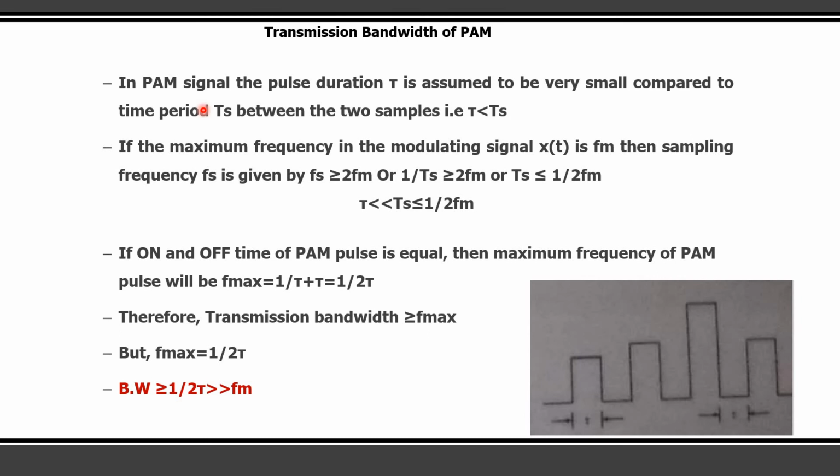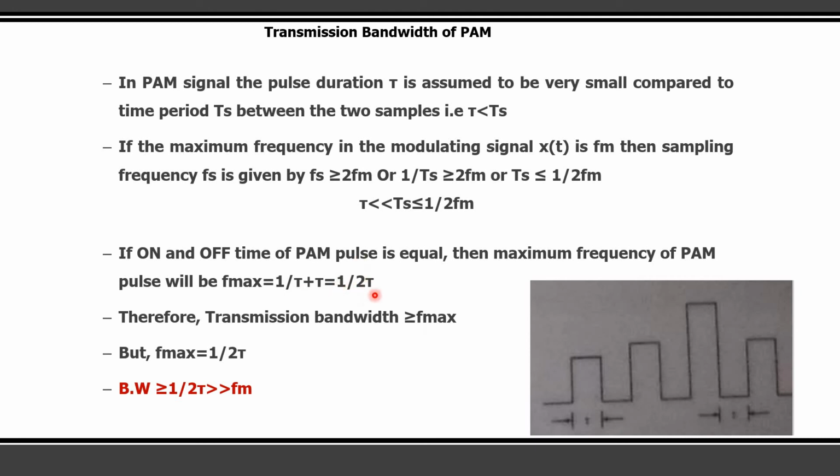If you want to transmit this pulse amplitude modulated signal, the bandwidth requirement is represented here. Take one sample of the pulse amplitude modulated signal. The on period time duration is T and the off period time duration is another T. So T plus T is 2T.